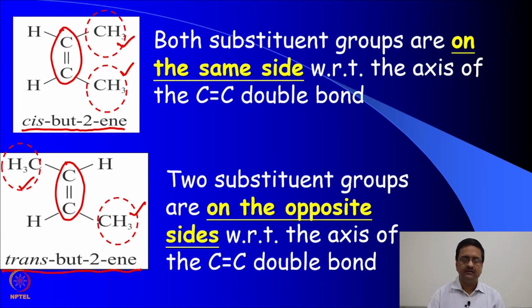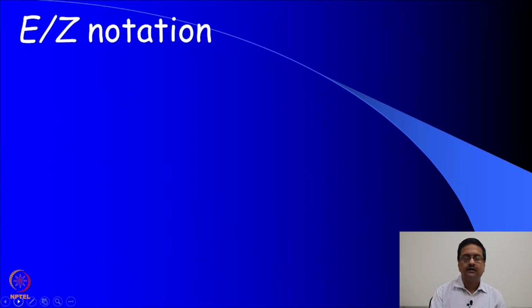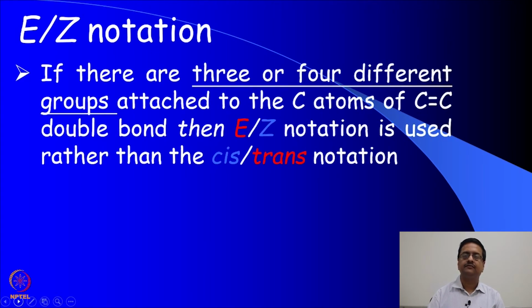These things are actually taught in your 10+2, but I would like to cover this as a follow up, because you may have forgotten many of the things that were learned in your 10+2. So, when we have a C=C double bond, and if there are 3 or 4 different groups attached to the double bond, then we write them as E or Z instead of cis and trans.